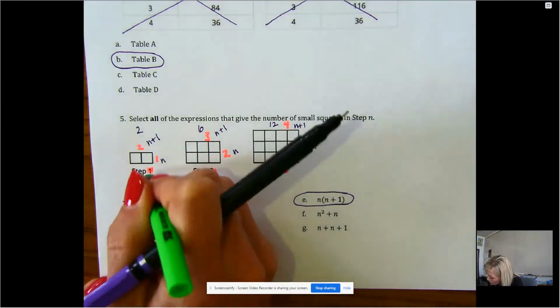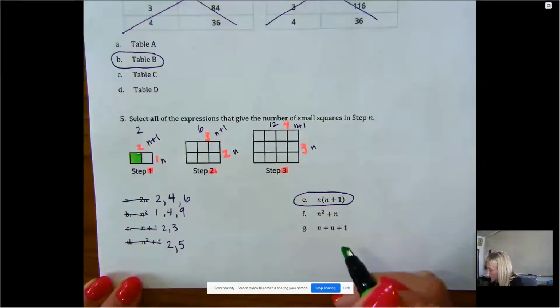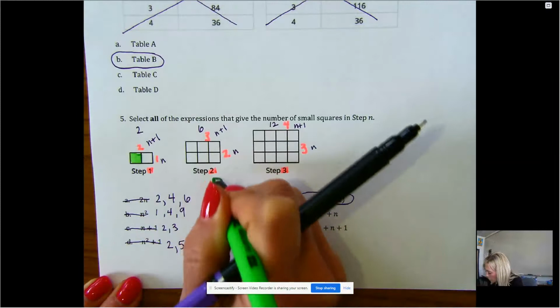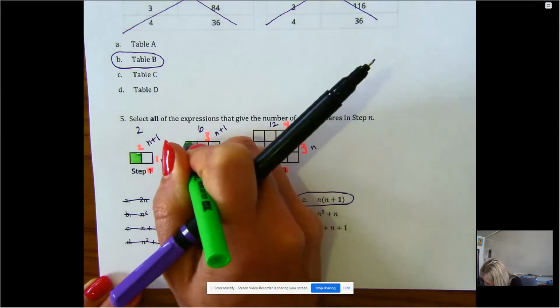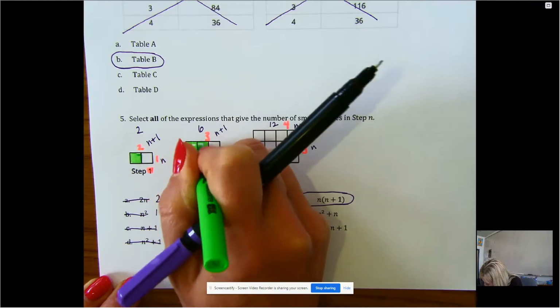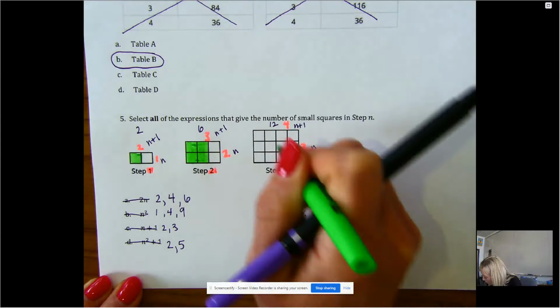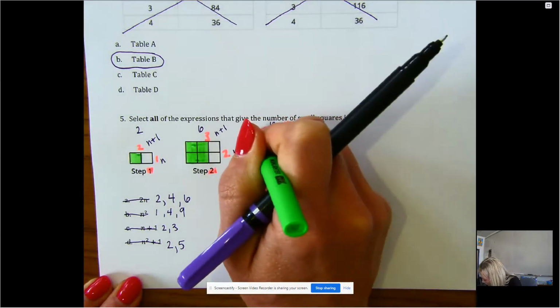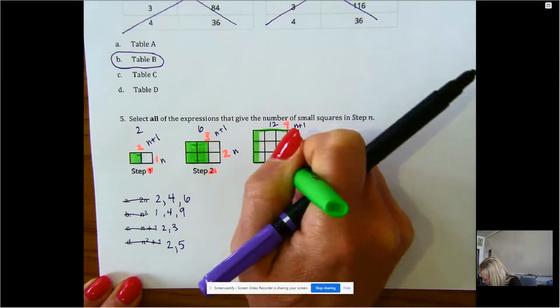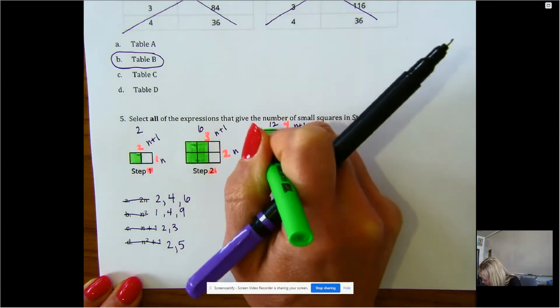For step 1, 1 squared is just one of these. Step 2, 2 squared is 4: 1, 2, 3, 4. So there's n squared. And then step 3, n squared is 9. 3 squared is 9.